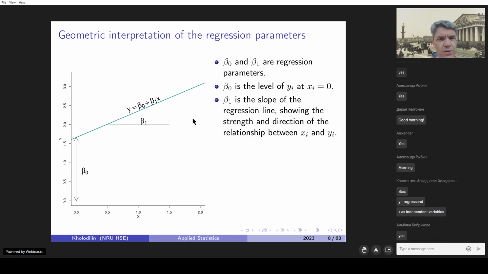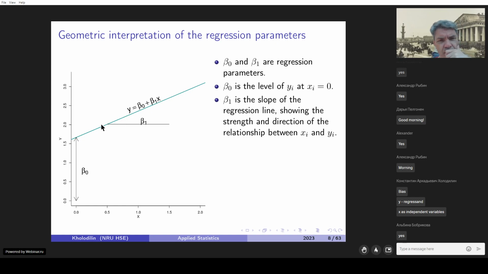Okay, so the slope of this straight line is beta 1, and therefore it's also called slope, and it shows both the direction of the relationship and its strength. For example, the higher the slope, the stronger is the relationship.